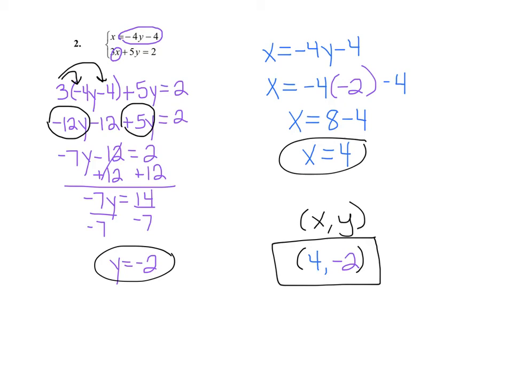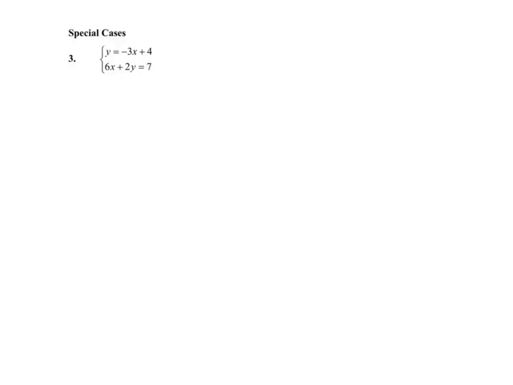Okay, so now let's look at some special cases when solving systems of equations by substitution. All right, so in example 3, we have y equals negative 3x plus 4 and 6x plus 2y equals 7. Our first step is we want to substitute negative 3x plus 4 in for our y value.